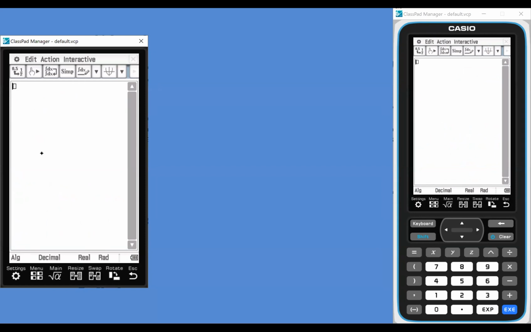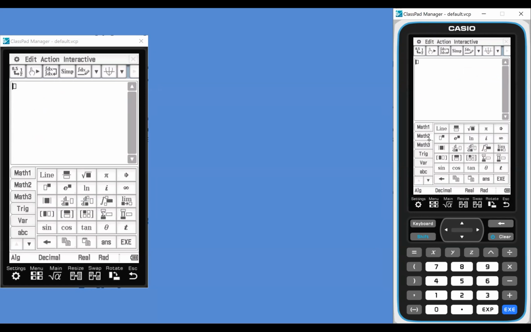Essentially I want to bring up my keyboard and do an integral from pi over 2 down to 0. I'll just do this in terms of x, that's fine.